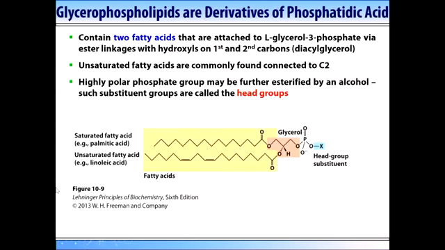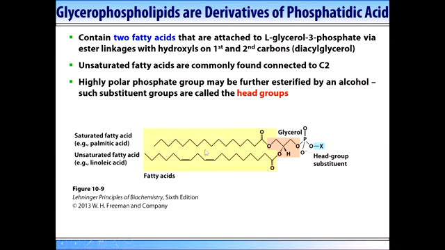Okay, what happens next? The two fatty acids are usually attached to the remaining two hydroxyls, with ester linkages at the hydroxyls on the first and second carbons. This will be called diacylglycerol. Unsaturated fatty acids are commonly found connected to the second carbon, and the saturated ones connected to carbon 1.